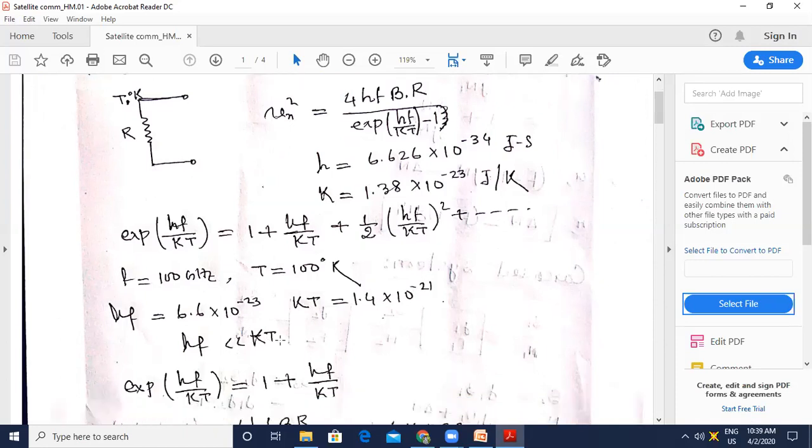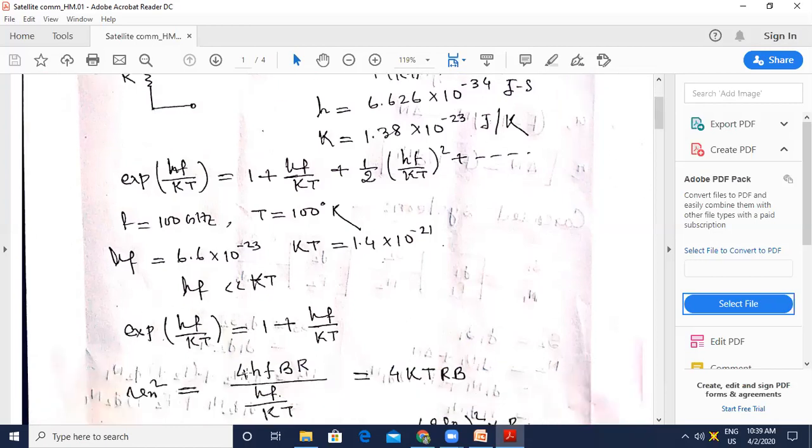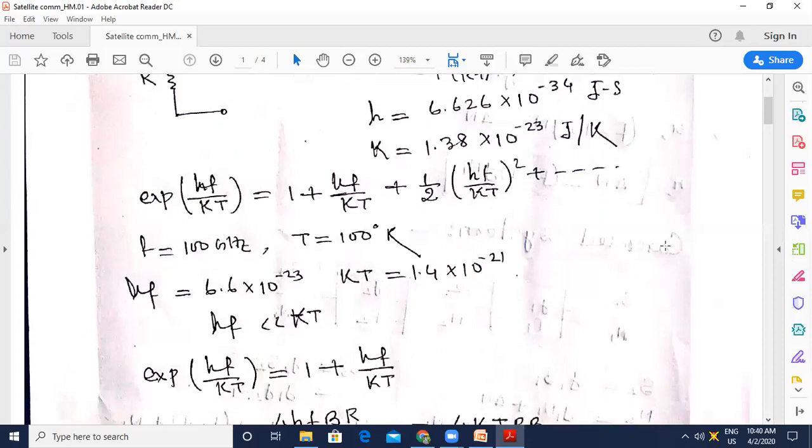Under this consideration, this exponential term will reduce like this. Exponential of HF by KT is 1 plus HF by KT, and we are neglecting the higher order terms here.